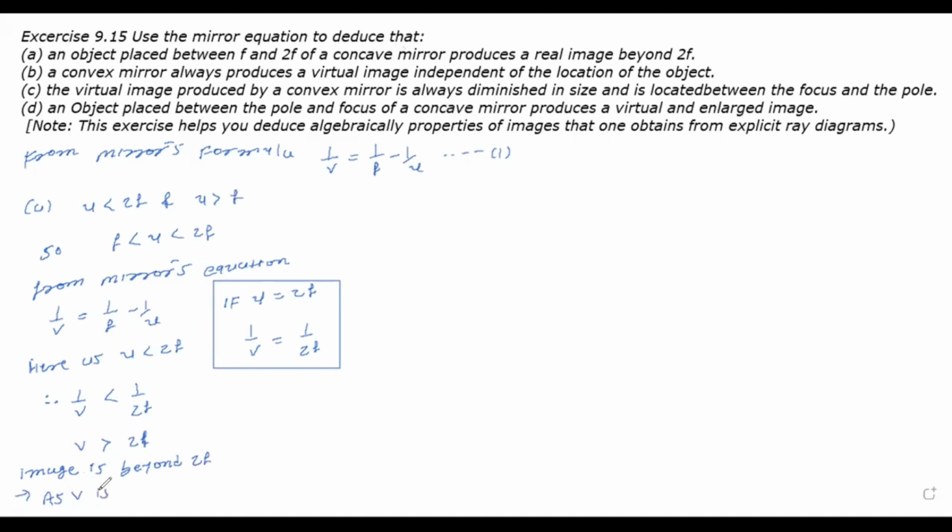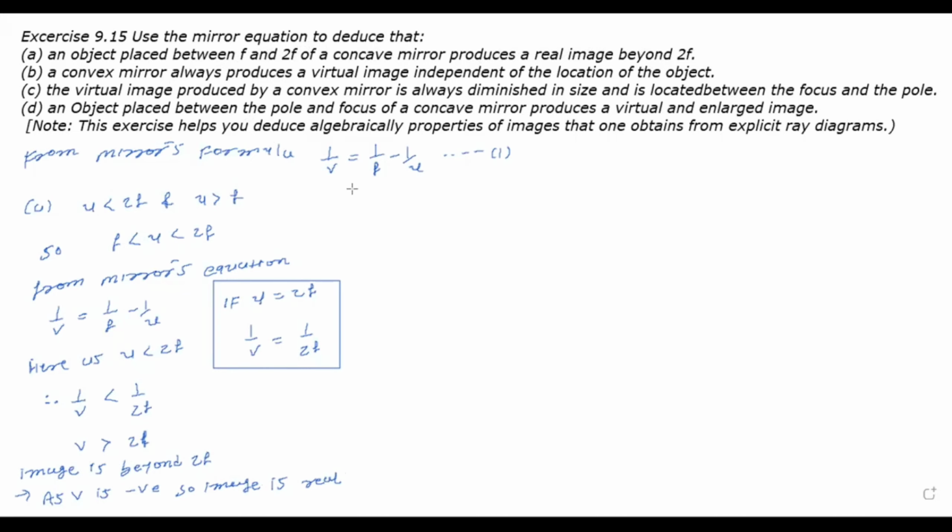As v is negative, the image is real. So in part A we have to prove that an object placed between f and 2f of a concave mirror produces a real image beyond 2f. Here v is negative, so the image is real, and v is greater than 2f, so the image is produced beyond 2f.